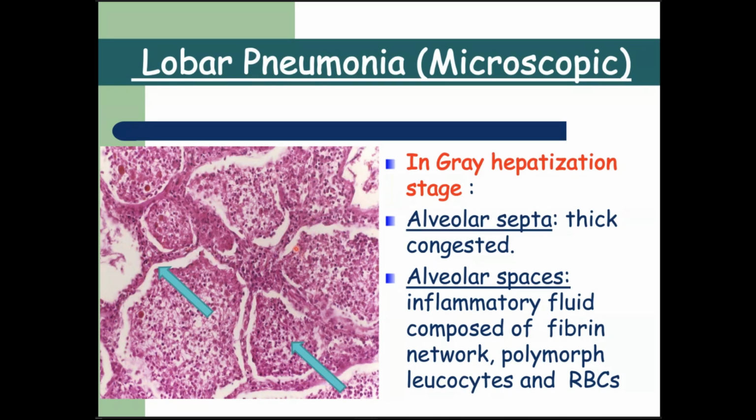And the cavity is full of inflammatory cells, fibrin, RBCs. These are the cavities which should be filled with air. Normally they should be clear, filled with air, but they are now filled with inflammatory cells, fibrin, RBCs, etc. So this is the microscopic feature of lobar pneumonia in the third stage or third phase, called the gray hepatization stage.